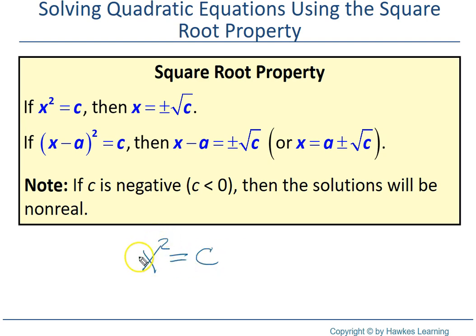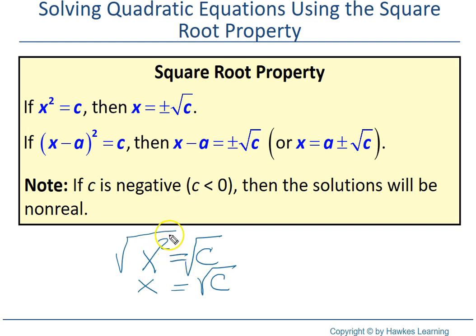Now, we can take the square root of this. We had that before, and that gives us x. And on this side, it would give us the square root of c. So we would say x equals the square root of c.